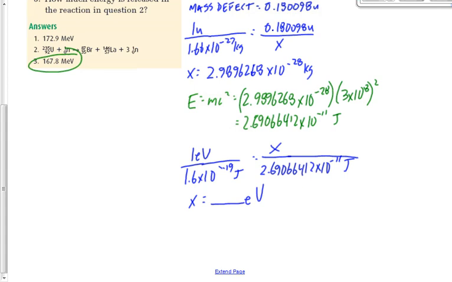So, what does it work out to be in electron volts? Going to be 167,800,000, roughly. If we divide that by 10 to the 6, we're going to get 167.8 mega electron volts. Right?